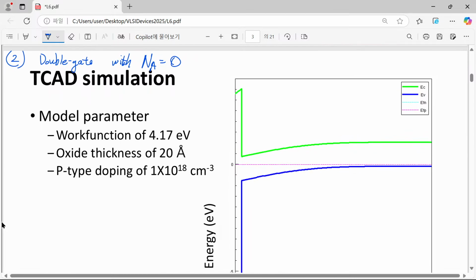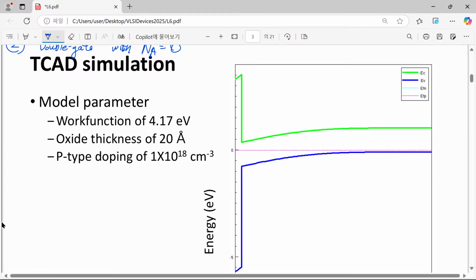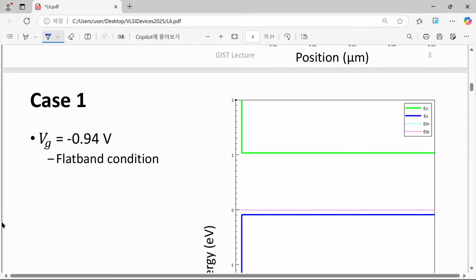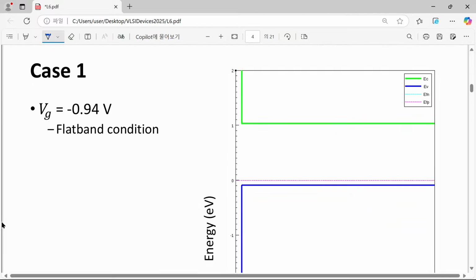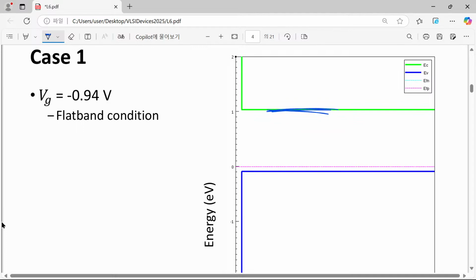Okay, I think we have already covered this TCAD example, so I want to skip this one and go simply to this case. This is a flat band case. In the case of a flat band, we have a really flat conduction band and flat valence band, and there is no electric field at all.